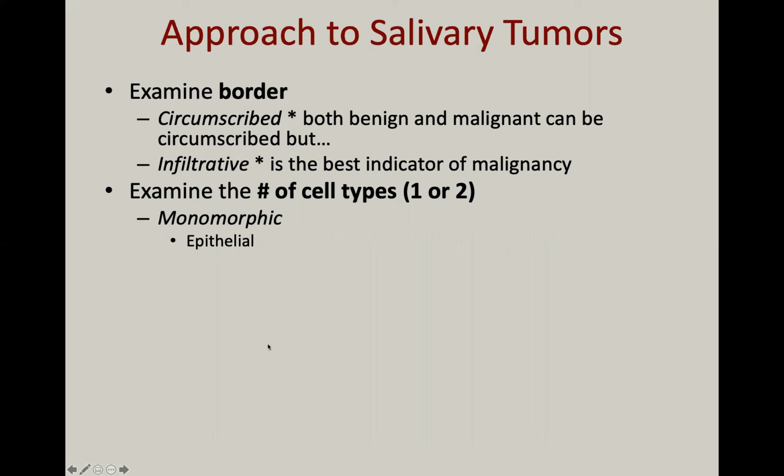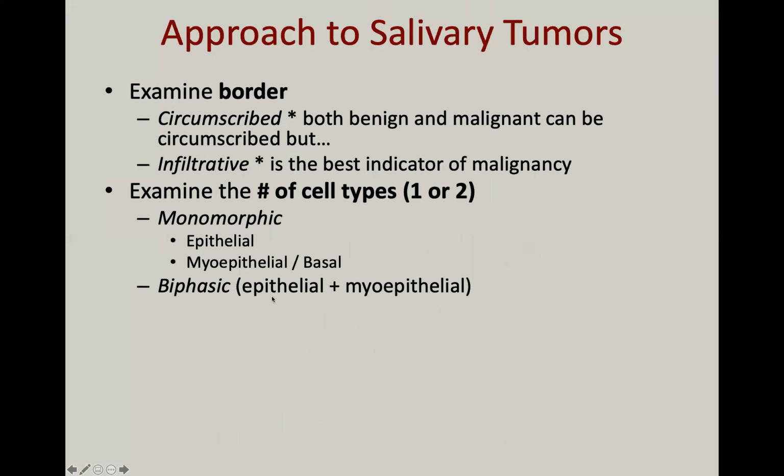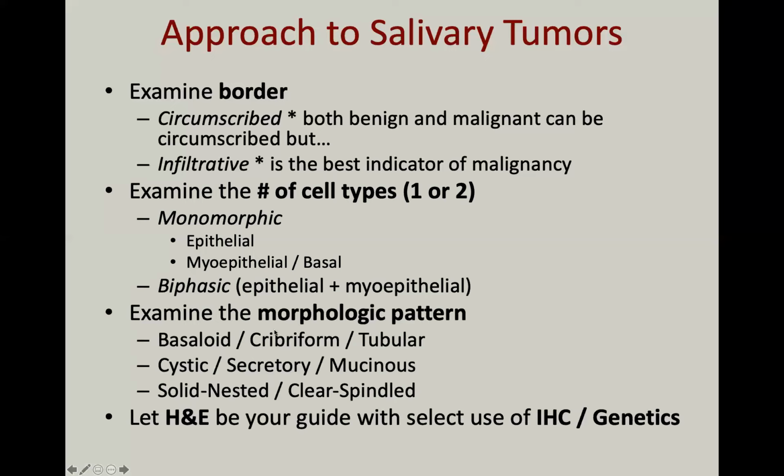So the single cell types are going to be tumors of either completely epithelial cells or tumors of completely myoepithelial cells. Then there are the biphasic tumors that have both epithelial and myoepithelial cells. And lastly, we'll examine the general morphologic pattern, meaning is it very blue, basaloid, cribriform, or tubular?